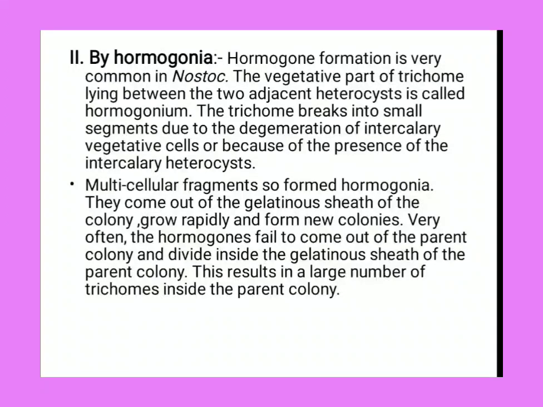They come out of the gelatinous sheath of the colony and grow rapidly to form a new colony. Very often the hormogonia fail to come out of the parent colony and divide inside its gelatinous sheath, and this results in a large number of trichomes inside the parent colony. It is one type of reproduction, hormogonia.